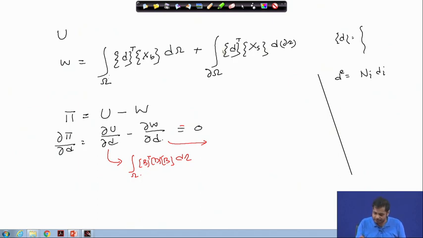So, naturally, we can write this displacement vector as d equal to the displacement at the element level, d e, and then the matrix N transpose. This d e essentially is the nodal values of the displacement.